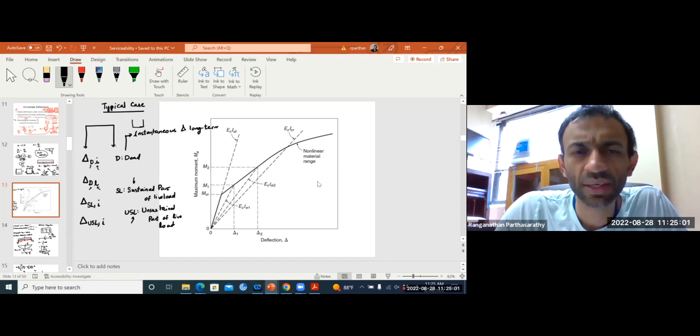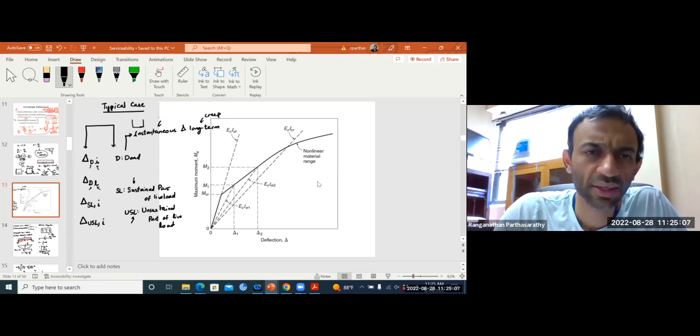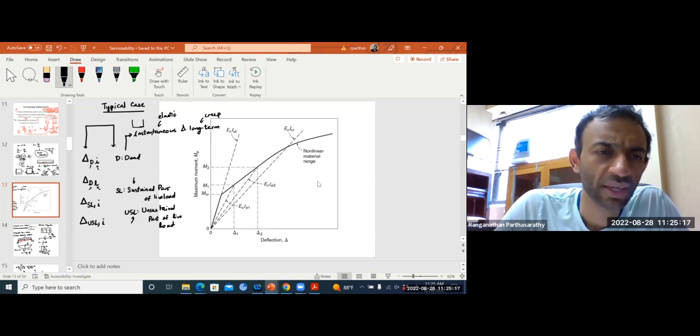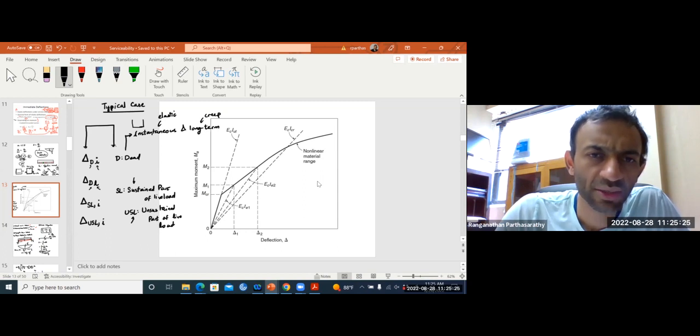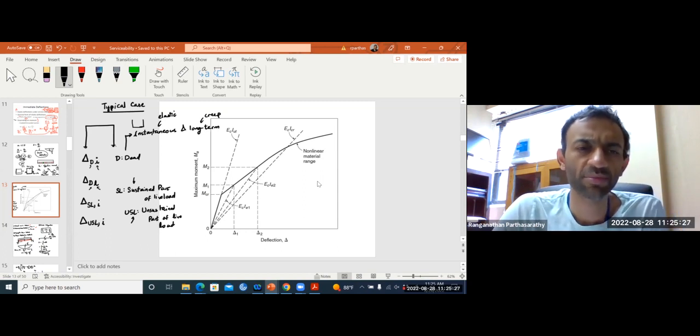The long-term deflections come because of creep, and instantaneous deflections are because of elastic deflection. So dead load will cause instantaneous deflection as well as long-term deflection or creep deflection. Now, that's the second subscript. I means instantaneous deflection, L means long-term deflection due to creep.